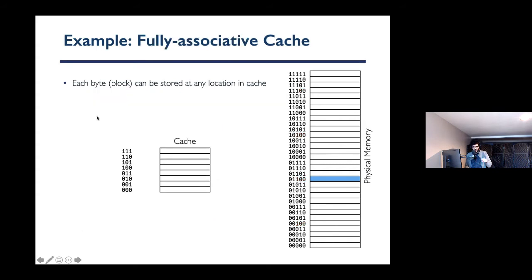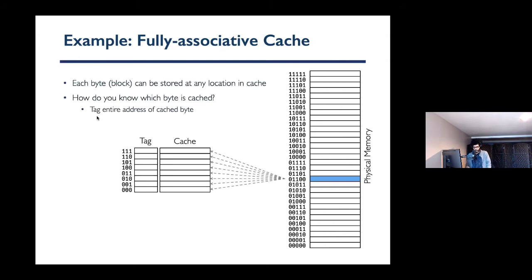Now compare that to fully associative. In fully associative, if you get an address, you actually don't know where to look. You have to look at all the cache locations. So in this example, you will have to now compare your entire address with all the tags.